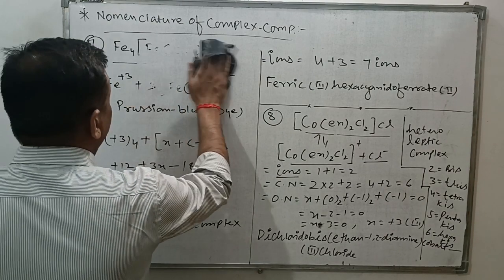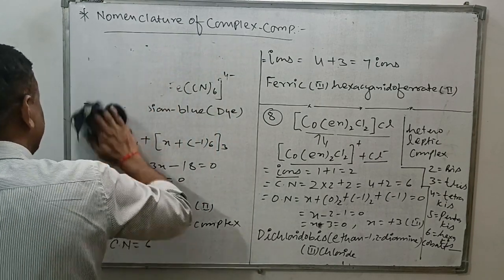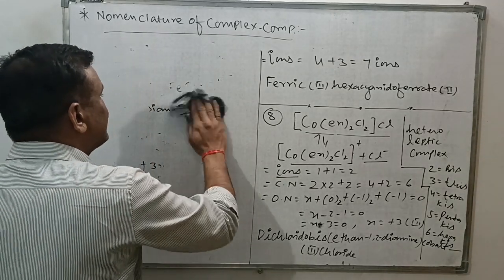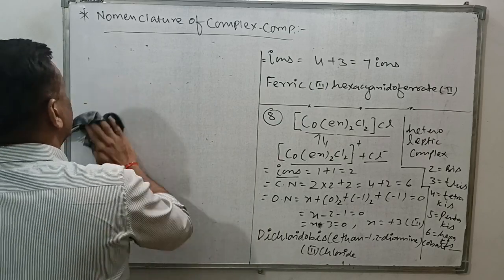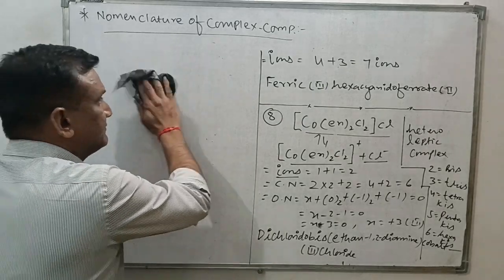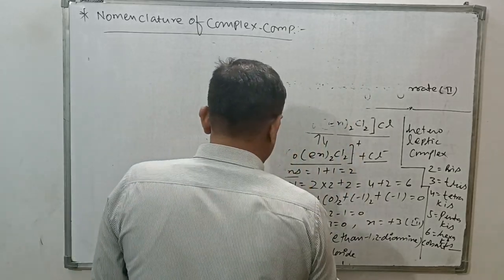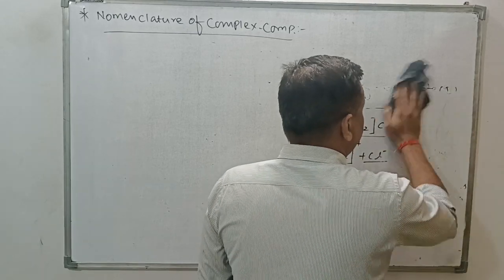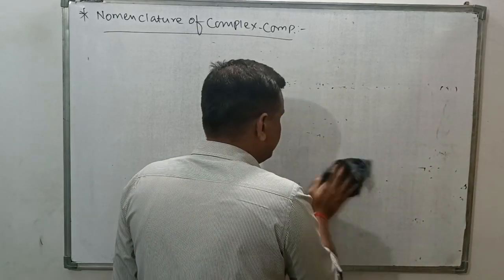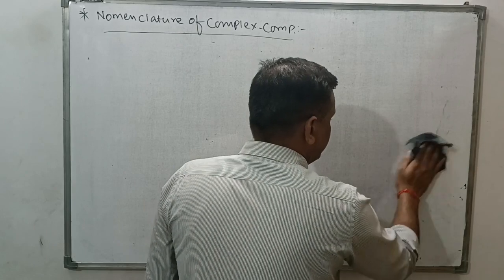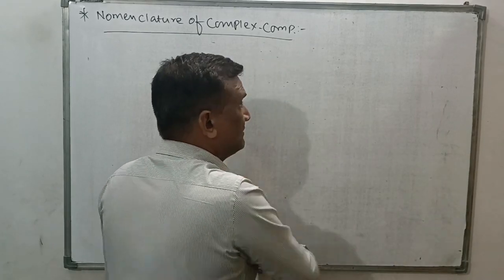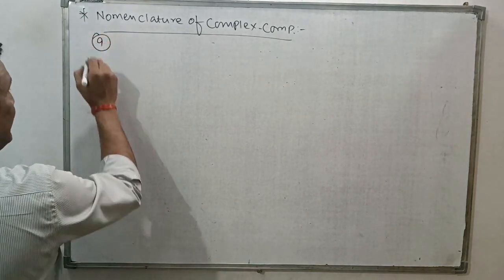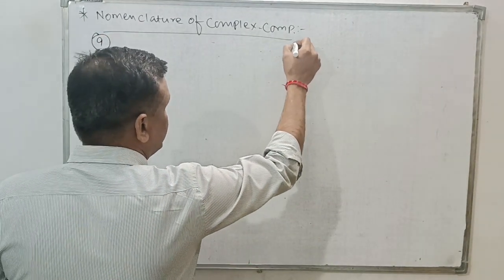Now we'll go with another question. That is the 9th compound, and this was about the nomenclature of a simple complex compound. Be careful regarding this compound. This is your 9th compound, and we'll take another, the 10th compound, also.